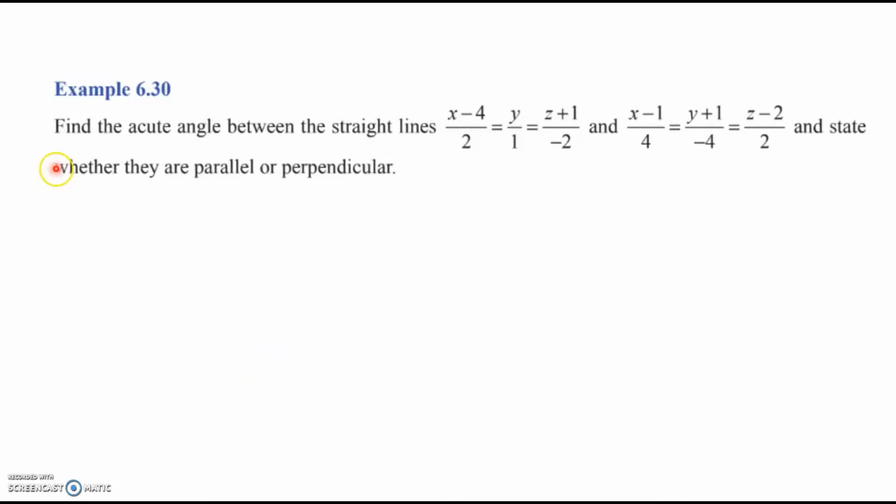Now let's look at the next example. Example 6.3. Find the acute angle between the straight lines given by this and this, and state whether they are parallel or perpendicular.